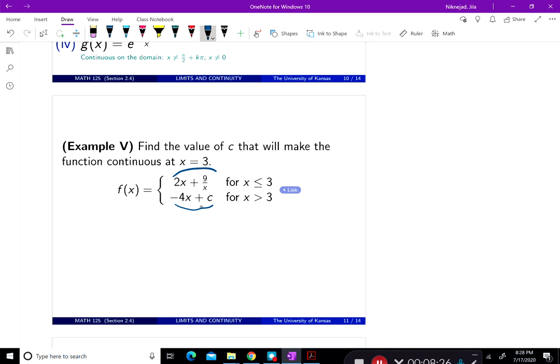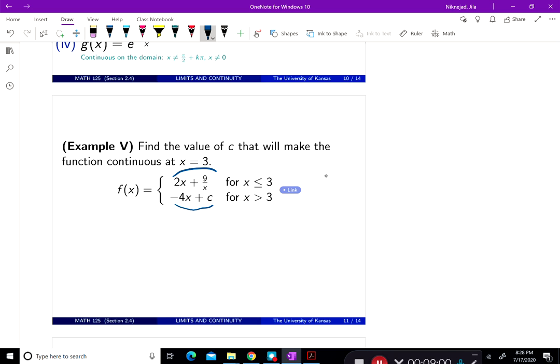linear functions are continuous on their domain, but this function is restricting the domain of both of those pieces, basically. So each piece is continuous on its domain. That means that this piece has a discontinuity at x equal to 0, and this piece has no discontinuity on the interval 3 to infinity, not including 3.